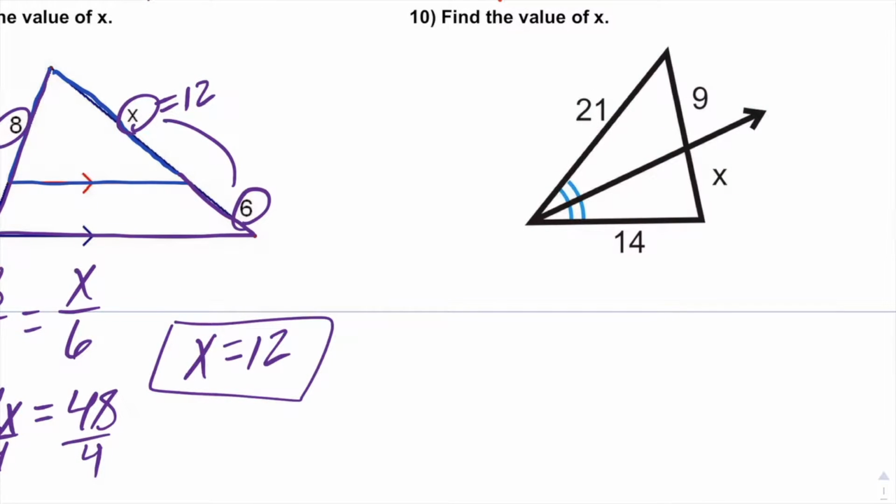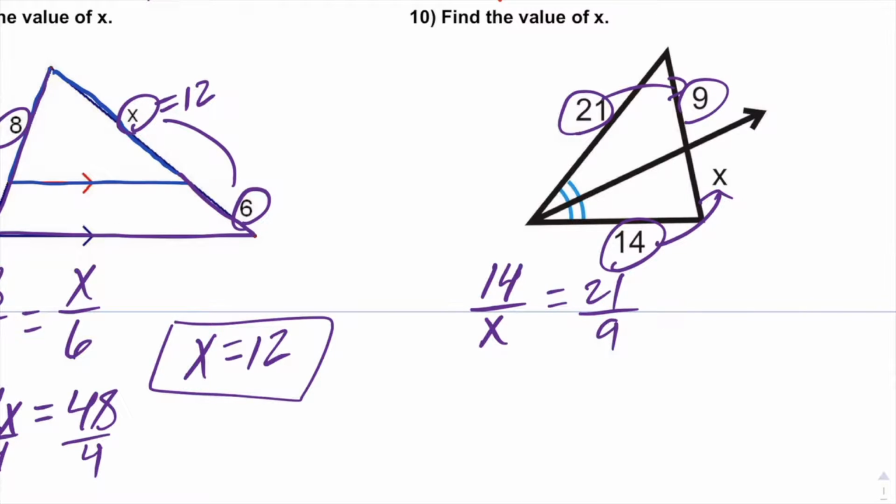And we do the same thing here as we did with the other one. So let's go ahead and put the ratios together. 14 is to x as 21 is to 9.